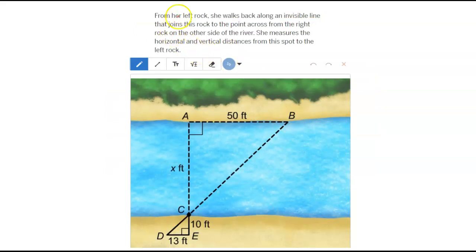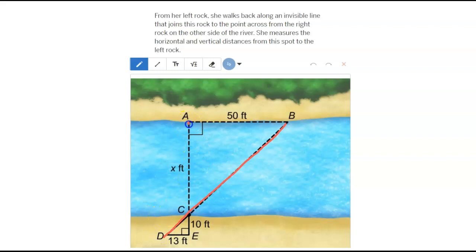Now, from her left rock, she walks back along an invisible line that joins this rock at the point across the river.